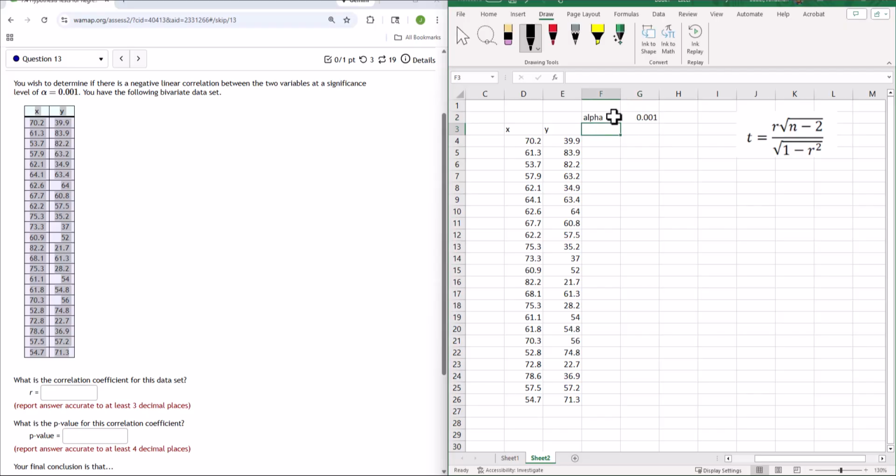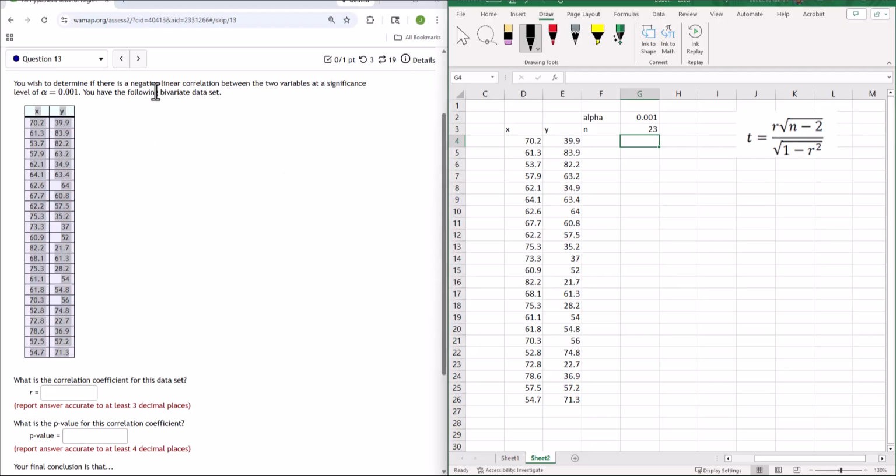And then I also need to find how many pairs of data I have. And so I'll just grab the X column. We've got 23. You can also use the count function if you like, and you're looking for how many pairs there are.